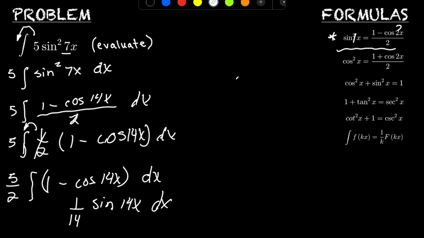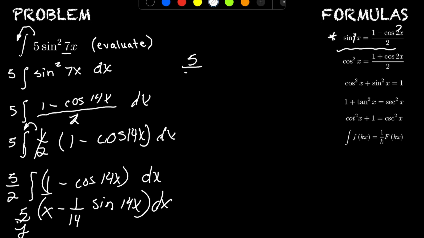And before I finish, there is a 1 here, which the integral of 1 is x, so it's x minus 1 over 14 sine 14x dx. And don't forget to multiply that entire thing by 5 over 2. So I'm going to rewrite it here so that's easy to read, and that'll be our answer.